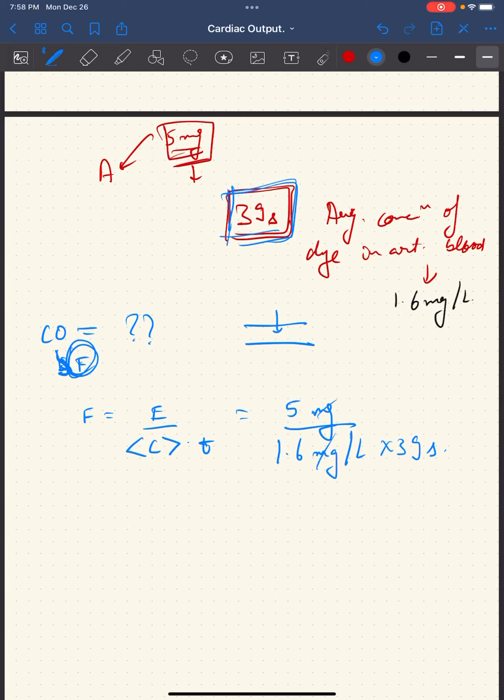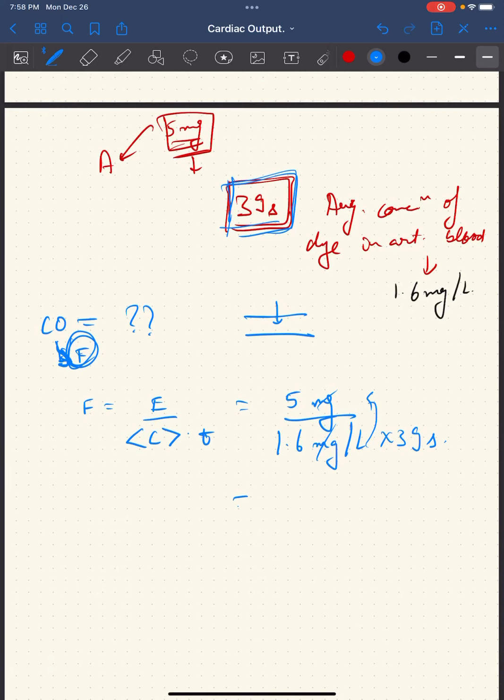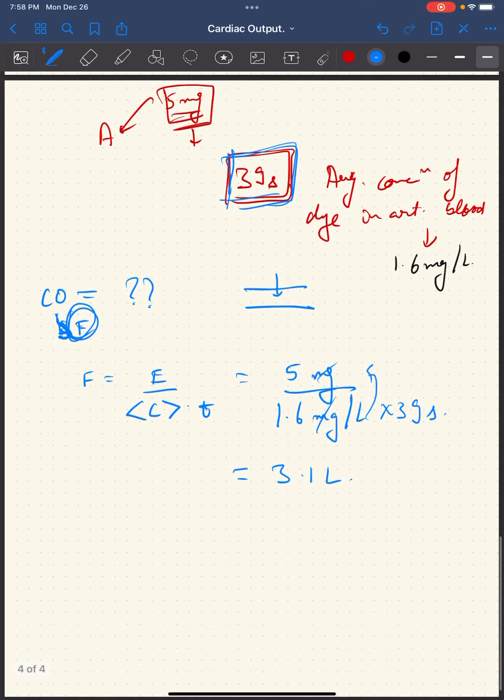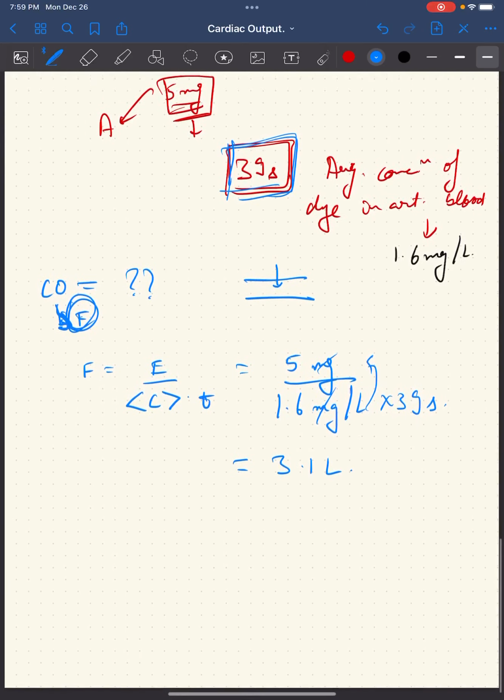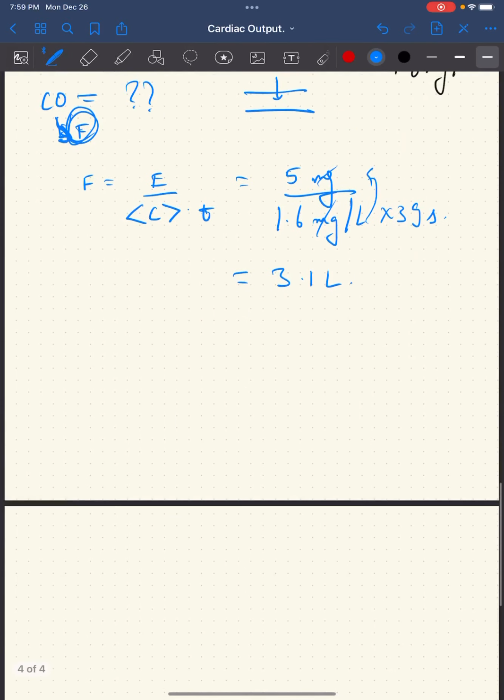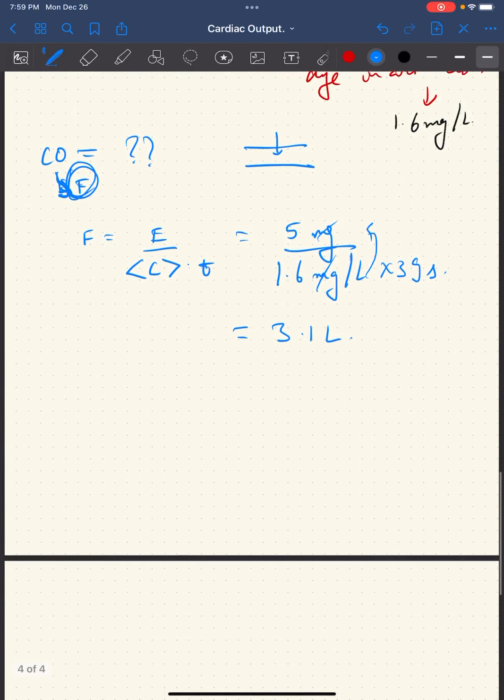Milligram gets cancelled, and this liter goes up here and it comes out to be 3.1 liter. So after this we can see that in 39 seconds flow equals 3.1 liter. So after 1 second, flow will be equal to how much?